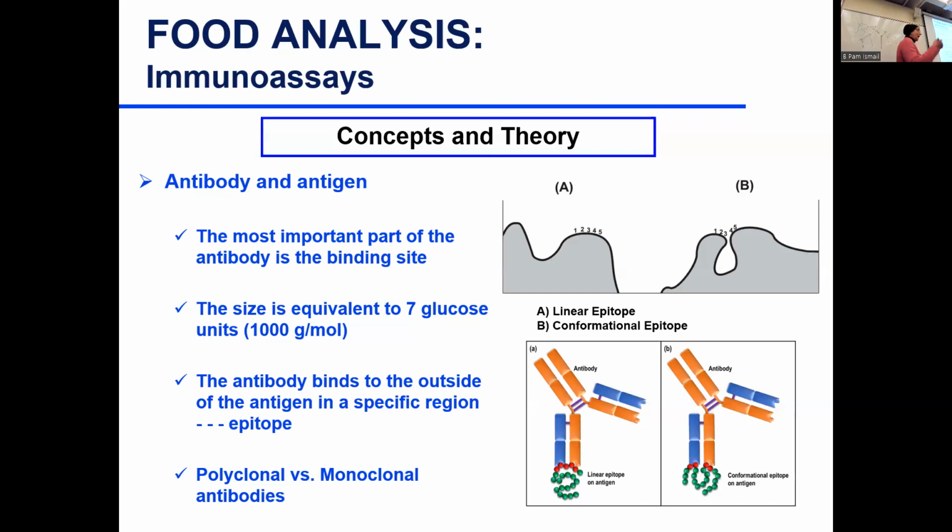Monoclonal, what they did, scientists figured out that if they get one type, let's say X B cell, if they get one type of B cell, they can culture it if they link it to a cancer cell that can proliferate fast.